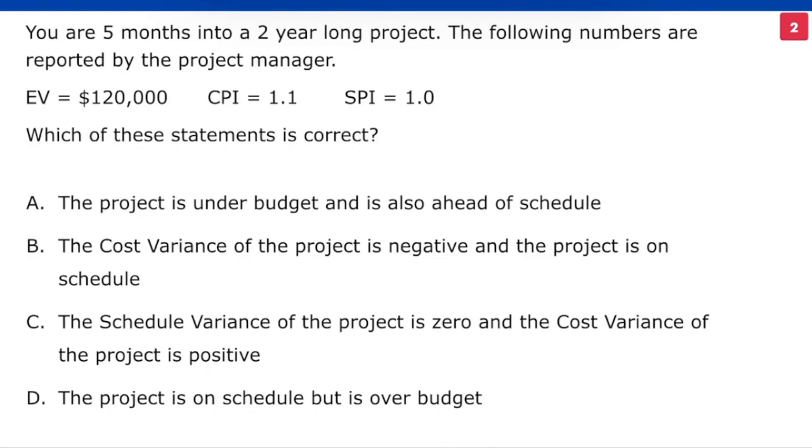Every option talks about budget and schedule. Let's check the schedule first. The first choice says the project is ahead of schedule. Option B says project is on schedule. Option C says schedule variance of the project is 0. Zero schedule variance means the project is on schedule.